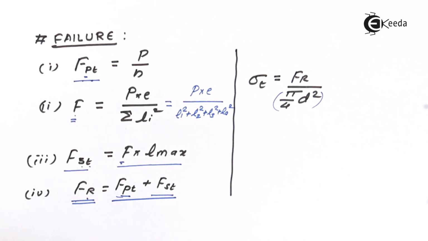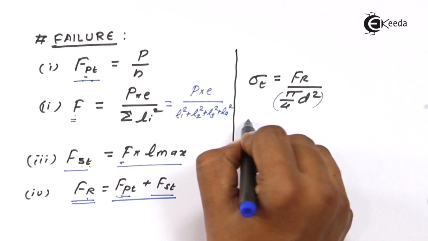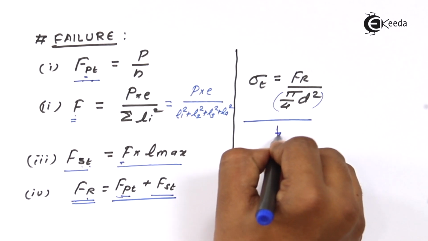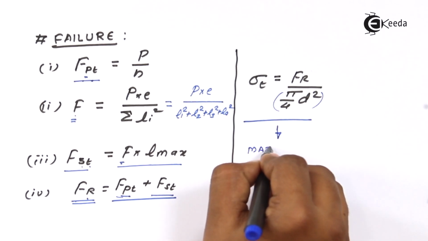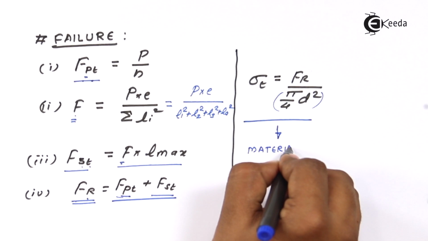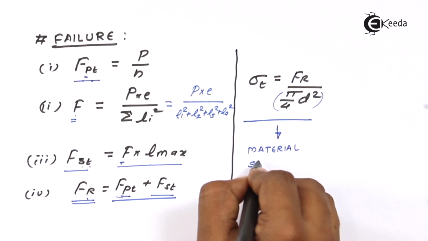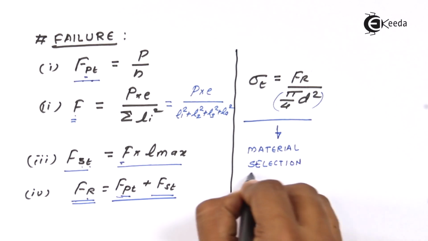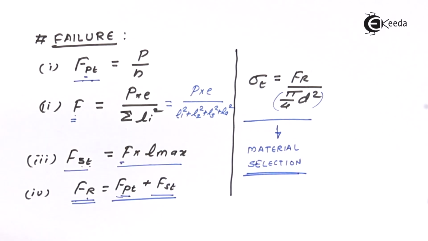Because the force is in the same direction, shear force will not be there because of the force P. So this is how the tensile stress will be obtained, and based on which material can be selected. Selection will be done in the same way we have been doing. So that is what the design of bolted joint is all about.